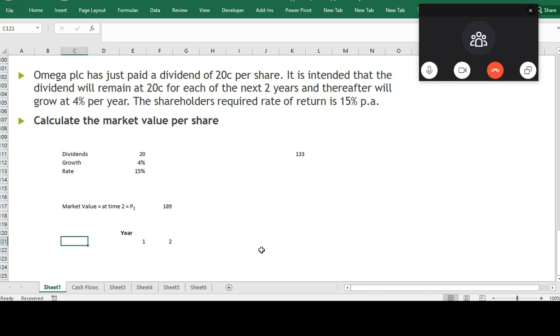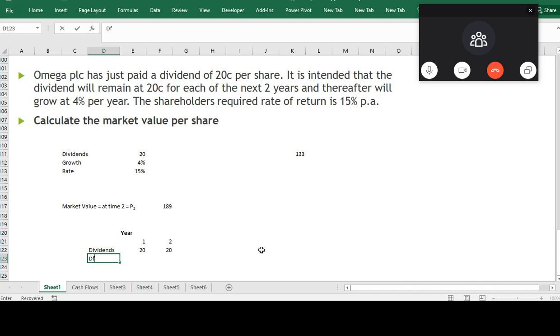So what do we do? We now need to look at the market value now. First, we need to look at these dividends. You are going to have 20, and even in the second year, you are going to have 20. But then we need to look at the discount factor.